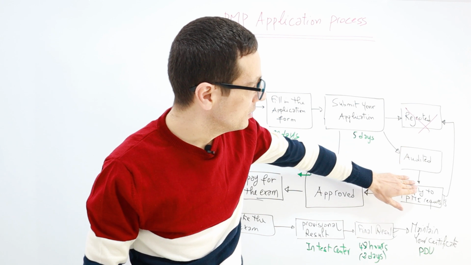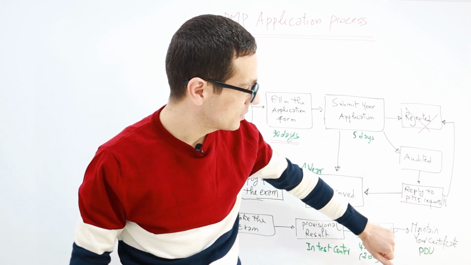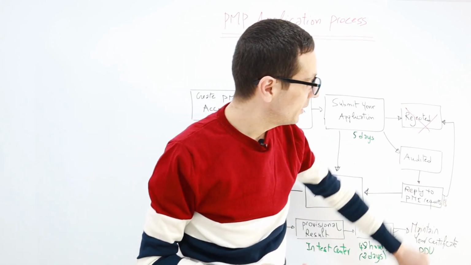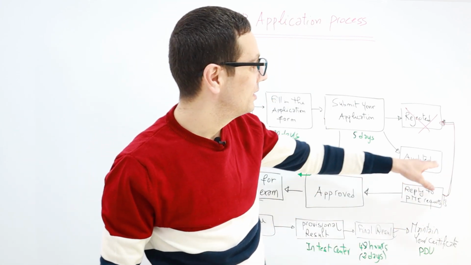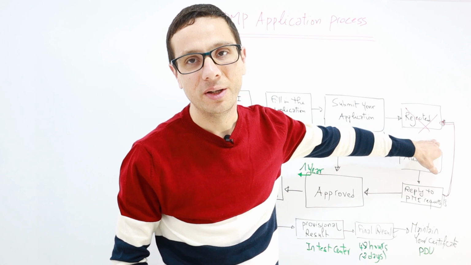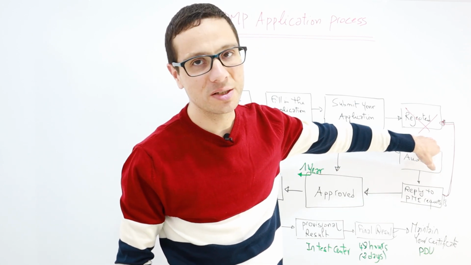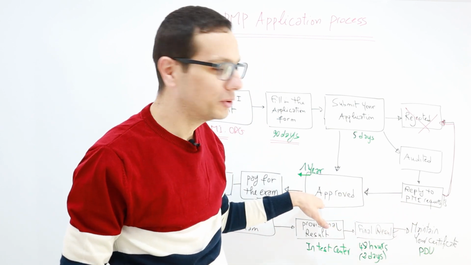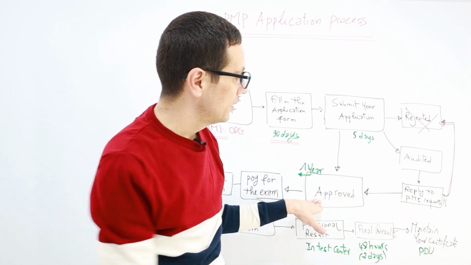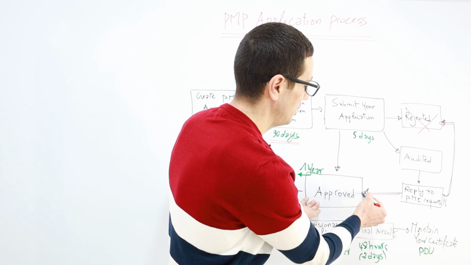In this case, you need to reply to PMI's requests, and after you reply, either PMI still considers that you are not eligible for the PMP and they reject your application, or they will approve your application. And this is the second option.